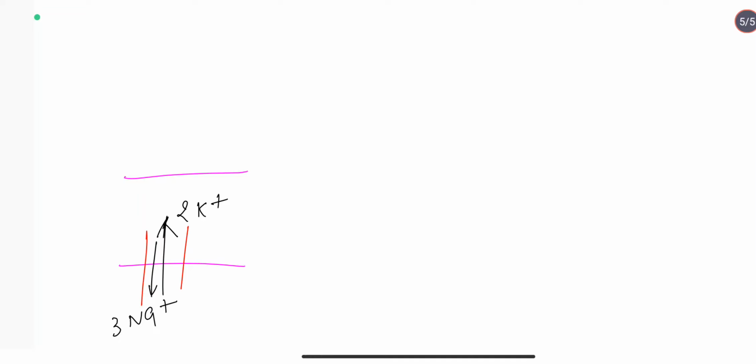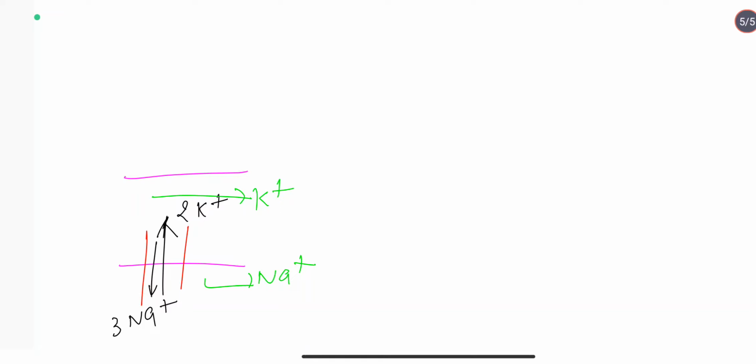Now why is it requiring energy for allowing the movement of these ions? That might be your primary question. So let us come to that. Why is this requiring energy? Because, my friends, potassium is an intracellular ion and sodium is majorly an extracellular ion. What do I mean by that?